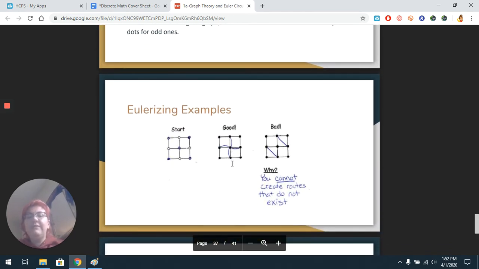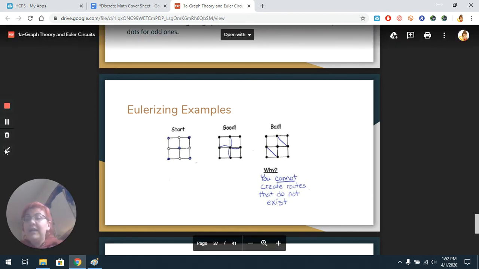So if you look here, I colored in some dots and I can see that I have even, even, even, even, even, and then I have these that are odd. So I could duplicate from here to here, here to here, here to here, and here to here. So what I've done is I've duplicated 4 edges.